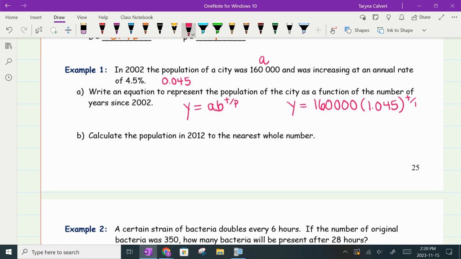All right, so here it just says calculate the population in 2012 to the nearest whole number. So 2012 means how many years later? 10. So this just means, because we started the equation in 2002, so you did need to realize that this is 10 years. So that is your T value.